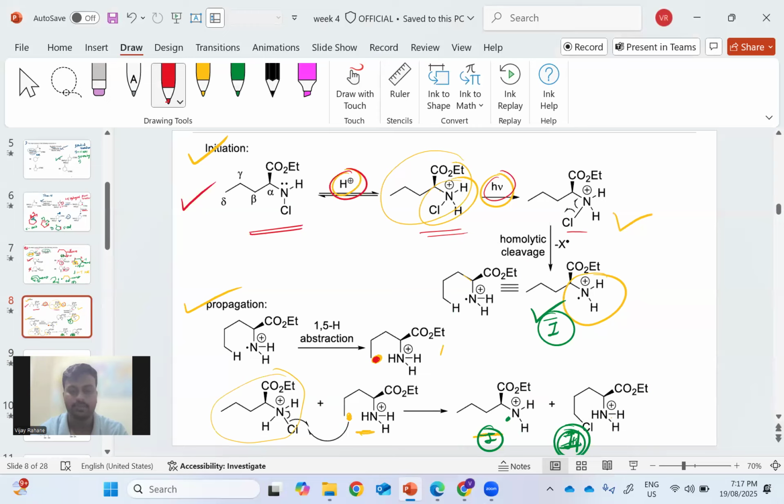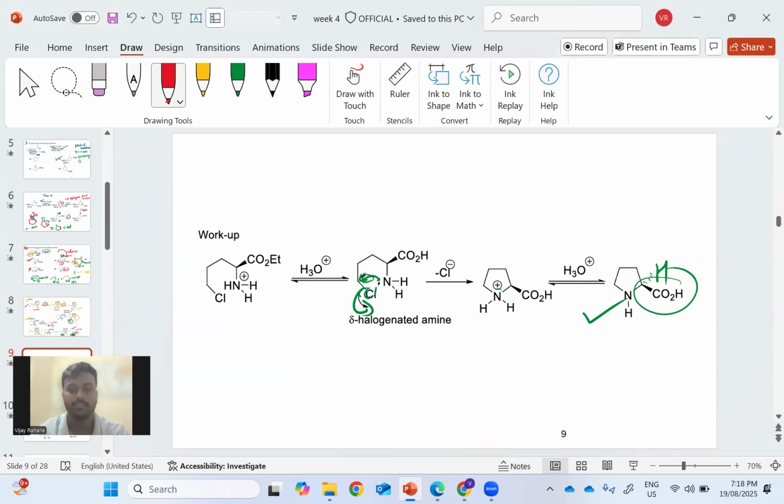So again, it induces the formation of this nitrogen radical and cleavage of this Cl. So this Cl is now attached on the 5th carbon where it was the radical.